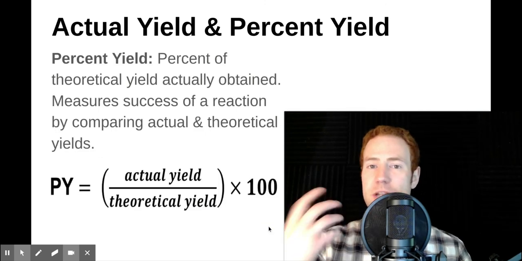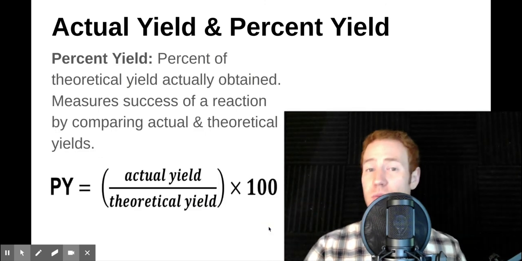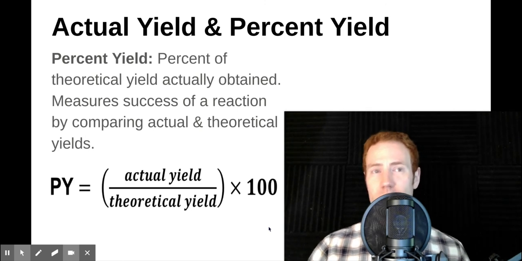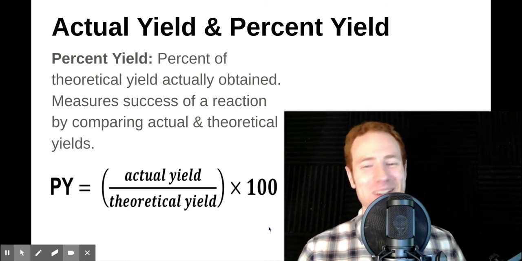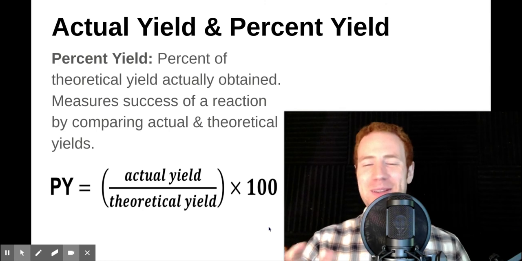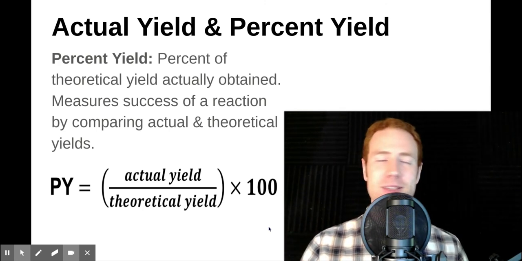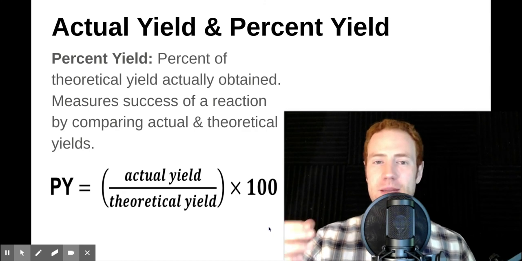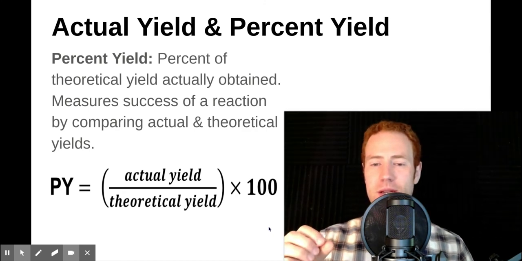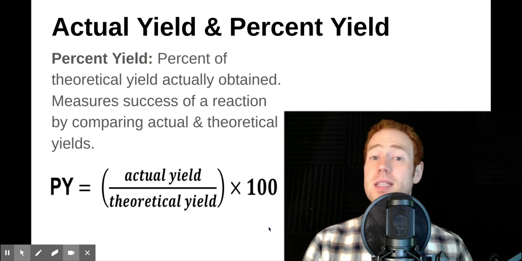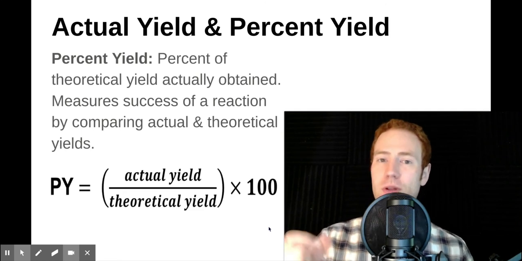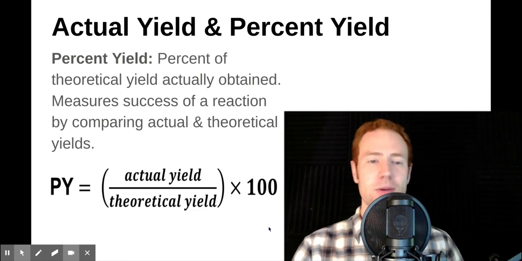Oftentimes, the measurement of how well a reaction went, or sometimes how good a scientist you are, depending on whether your actual yield has anything to do with your skill or your knowledge, is percent yield. It's used to measure the success of a chemical reaction. Like, how close was your actual yield to your theoretical yield?